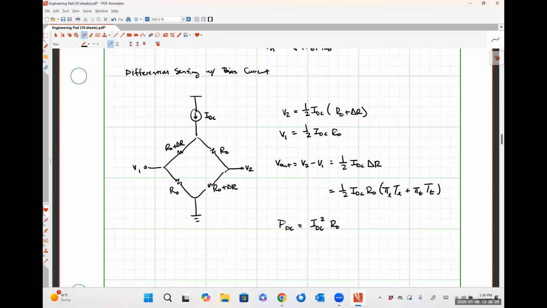And our noise spectral density would be root 4 kBT R naught. So this is effectively just using a current source to get a similar result to the previous where we had a voltage source.